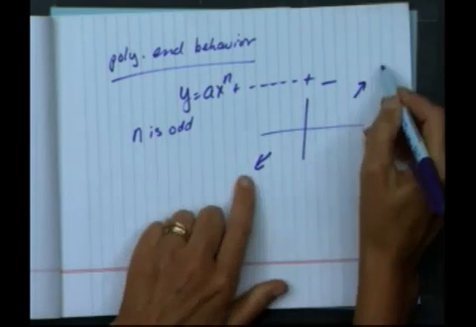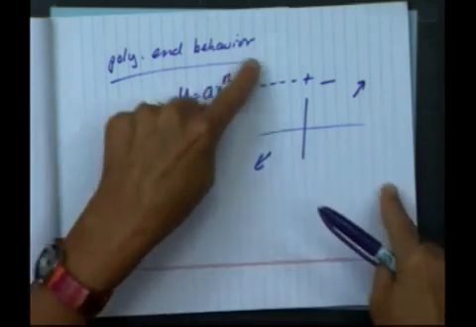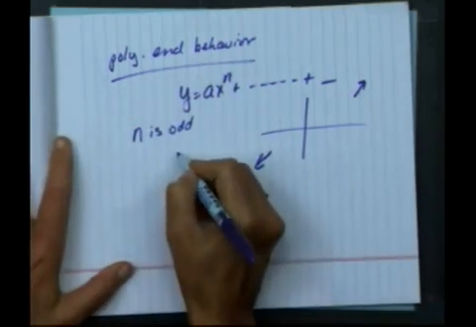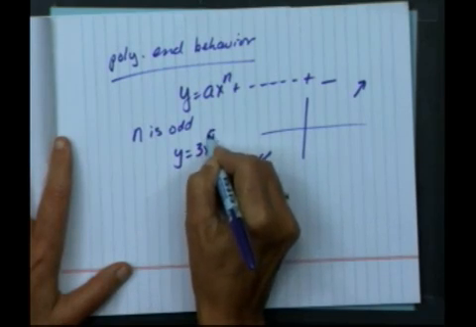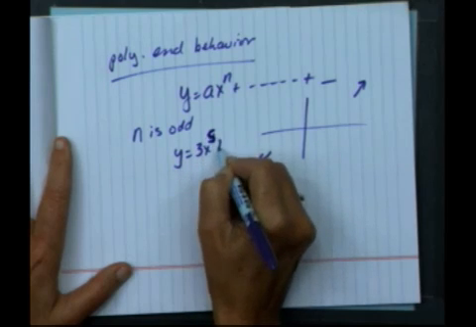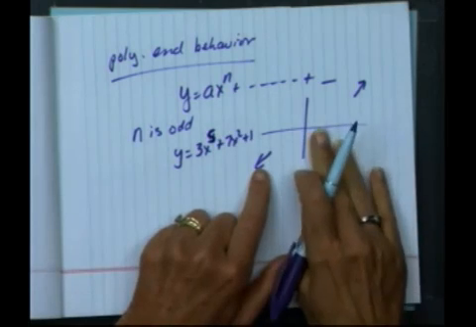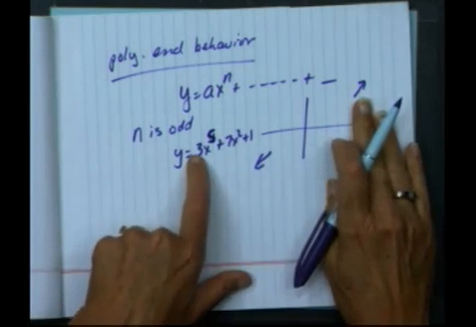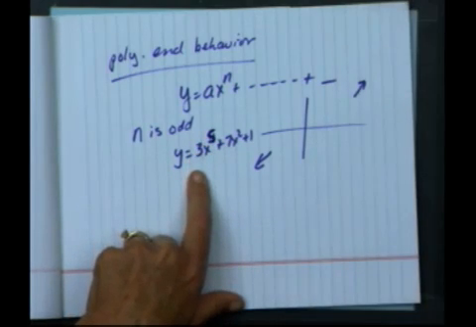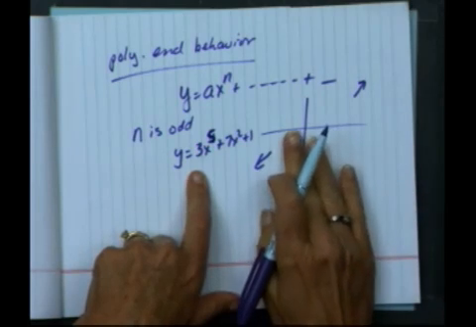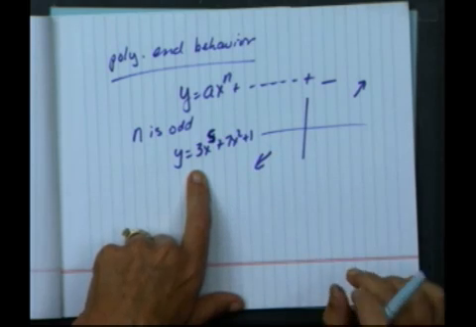If A is positive, they're going to be going like this. If A is negative, they're going to be going like this. So the example is, suppose you have y equals 3x to the 5th plus 7x squared plus 1. The thing that we know is as x gets really big, since that's positive in front of the x to the 5th, it's going to fly off in the direction of positive infinity. And as x gets really small, it's headed in the direction of negative infinity.